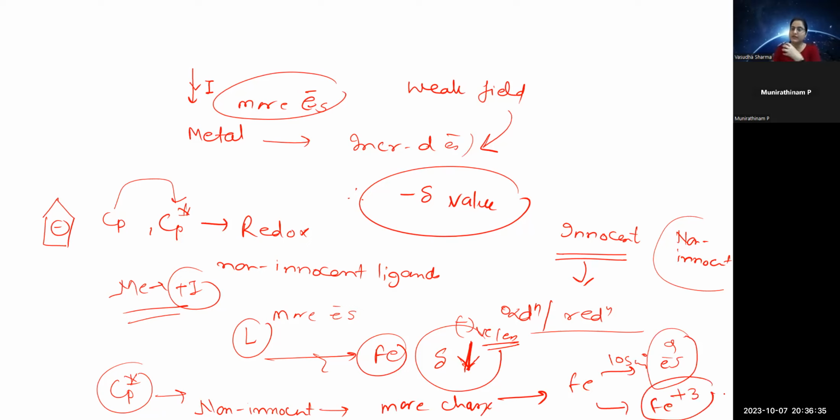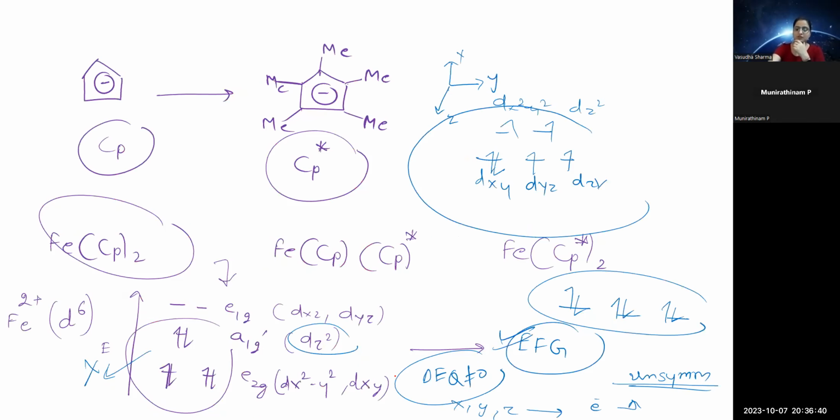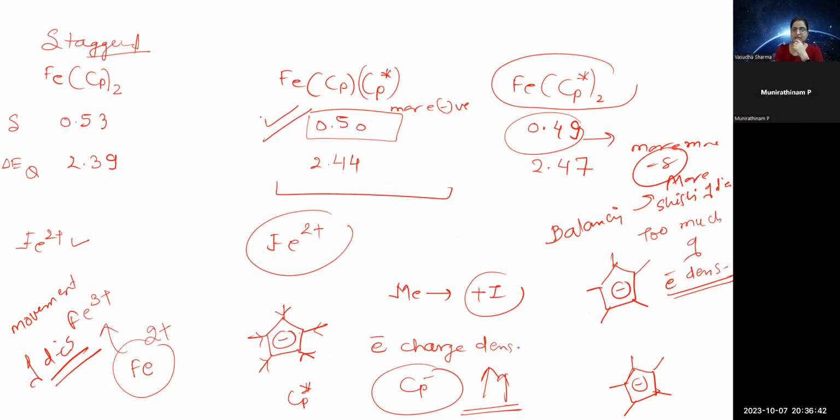Whenever we have iron in plus 3, it gives you a more negative delta. That's why in iron Cp, Cp star, it goes from 0.53 to 0.50. When we have both Cp or Cp stars, more negative charge is coming from the ligand. To balance it out, iron is more oxidized, therefore the delta value becomes more negative.